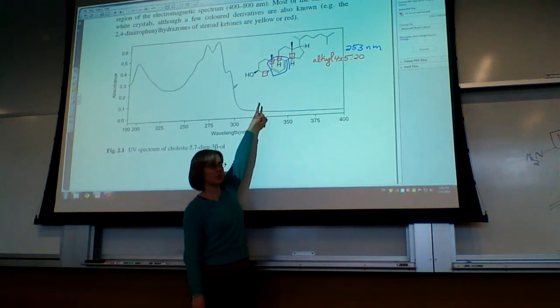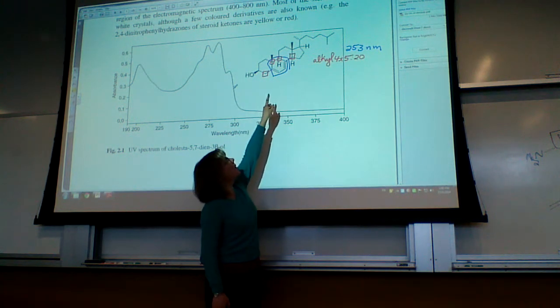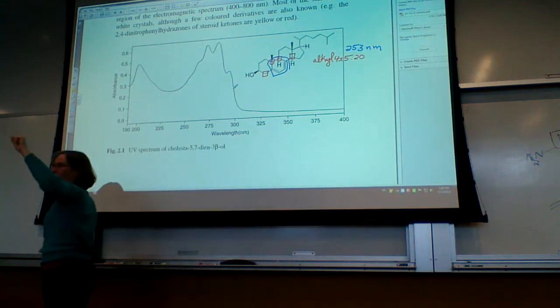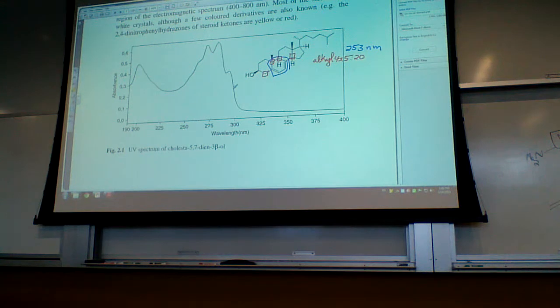It's exocyclic to our first ring. And then the other double bond is exocyclic to another ring. So both of those would count as exocyclic, and so we would have 2 times 5, for 10, for our exocyclic. This is our exocyclic point here and here.